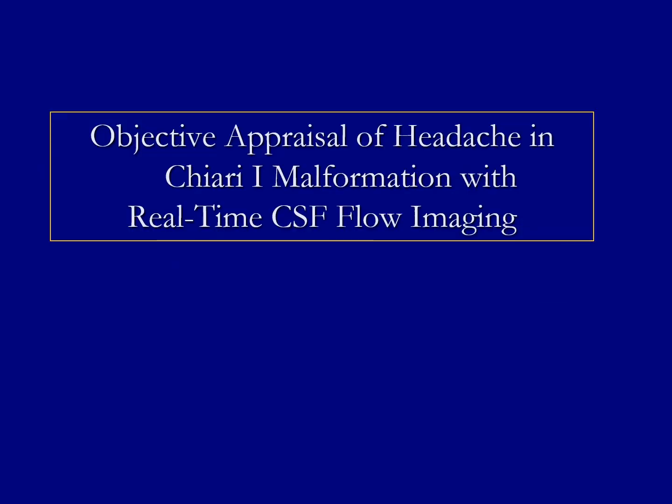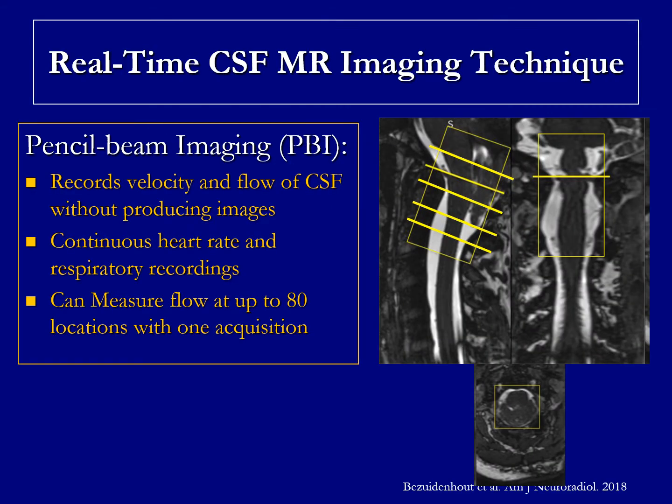So this brings us to the objective appraisal of headache in Chiari malformation with real-time CSF flow imaging. The technique that we are using is called pencil beam imaging, and the method is called pencil beam because, like a box, it is set up at the craniocervical junction, between the head and the spine. You can see it is here, it covers the entire area of CSF flow. And it can record both velocity and flow of the CSF without producing images.